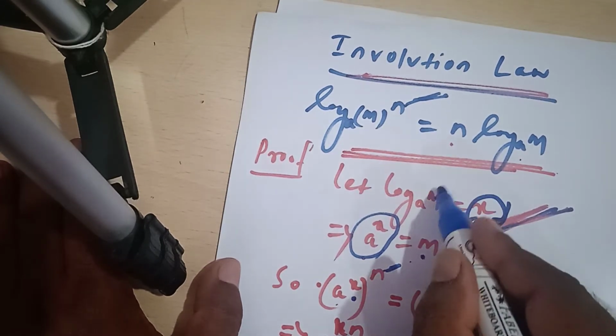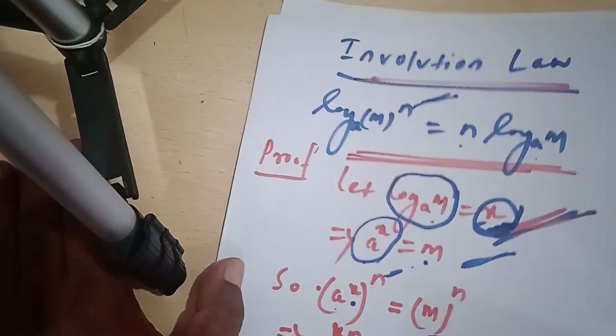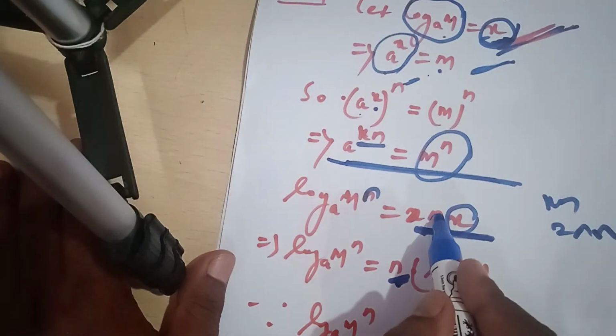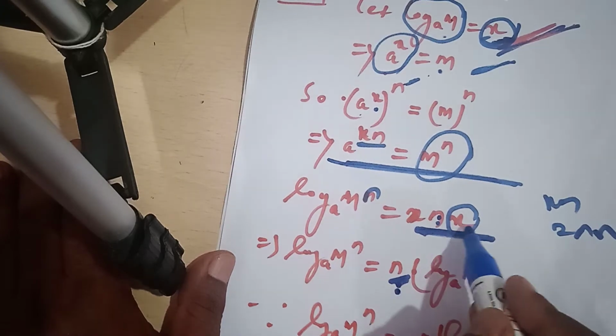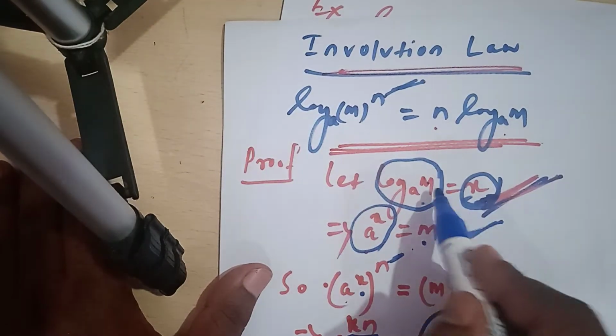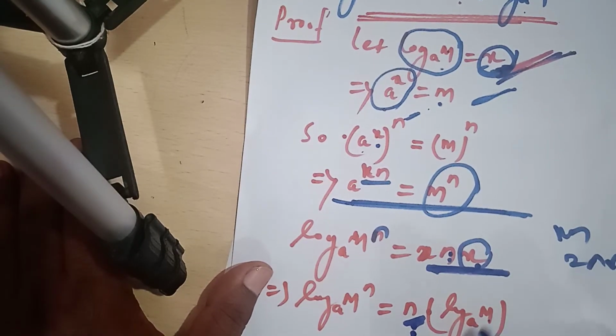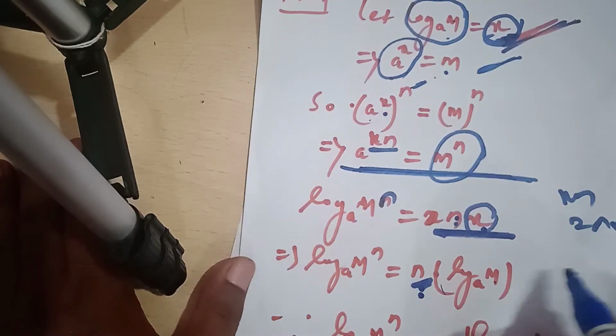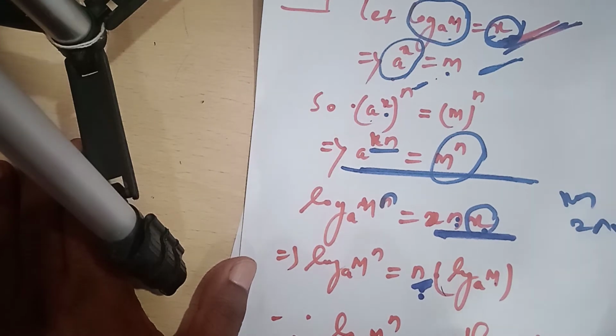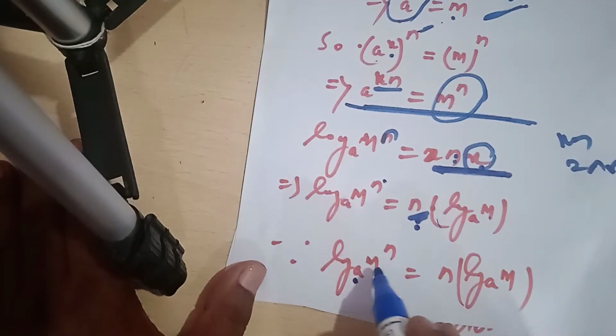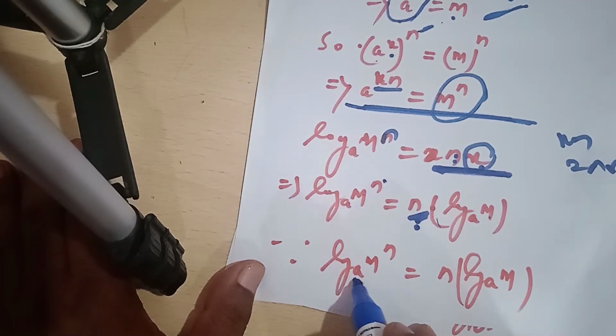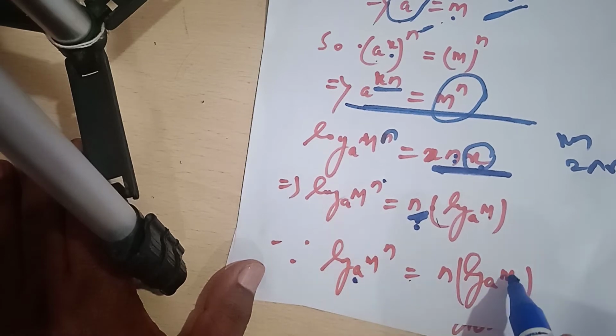So in place of x I can take log m to the base a. Therefore, log m to the power n to the base a is equal to n log m to the base a.